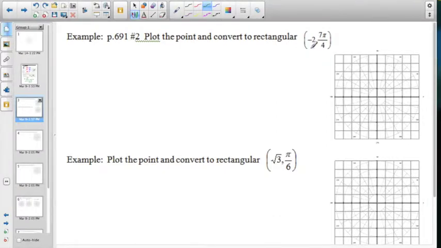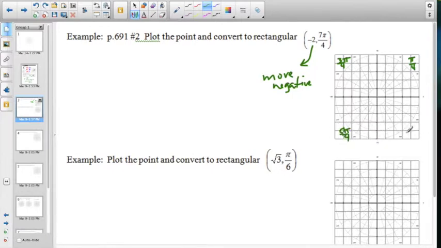Minus 2 is really telling us to move negative. In other words, if we define the 7 pi over 4 radial line, here's our pi over 4. Here's our 2 pi over 4. Here's our 3 pi over 4. Here's our 4 pi over 4. Here's our 5 pi over 4.